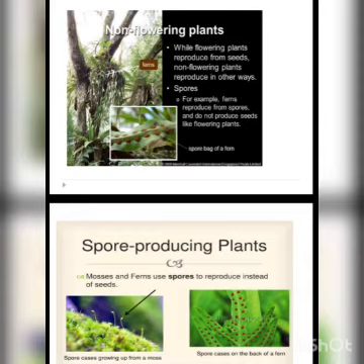Now the next topic is non-flowering plants. In the last lecture we discussed flowering plants, which reproduce with the help of flowers, through the transfer of pollen grains from one flower to another.